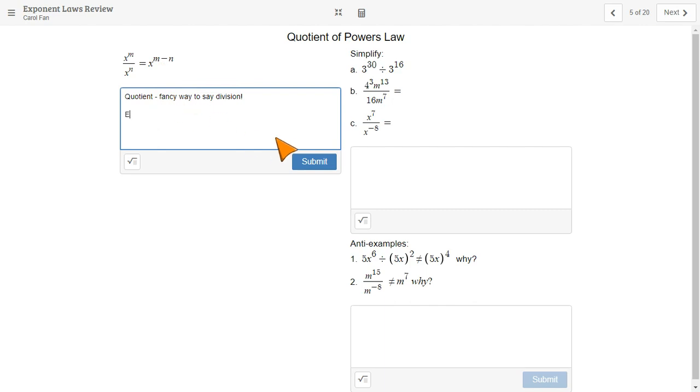So in summary, our exponent law states when we have powers with the same base that are divided, the exponents can be subtracted.